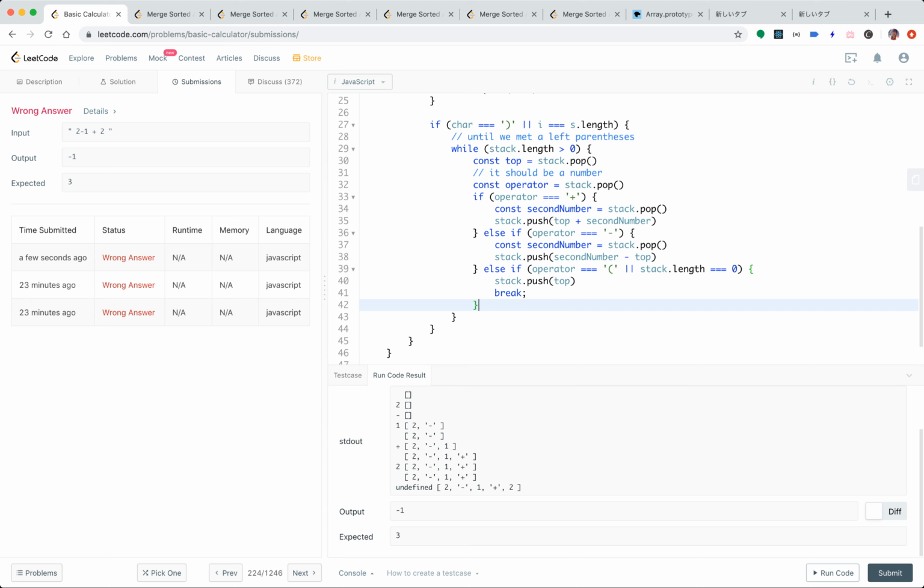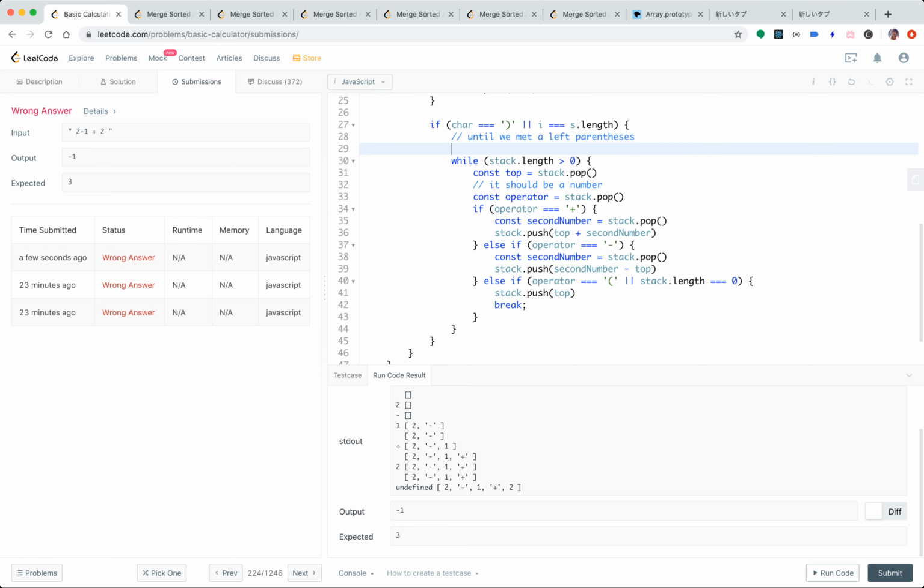You see, for this calculation, it should be 3, but I did it like -1. Wow, stack. We pop. Anyway, while we create a calculation stack.